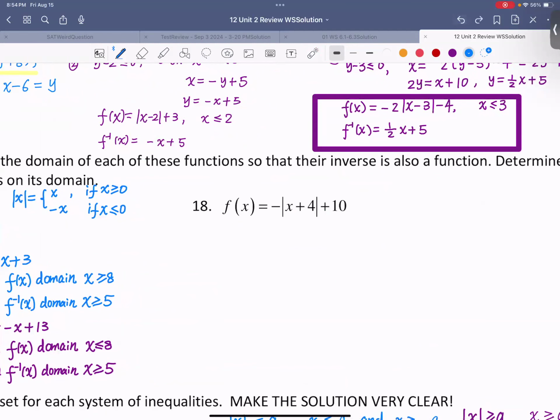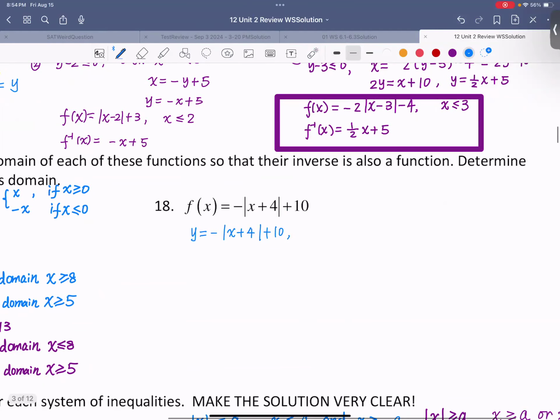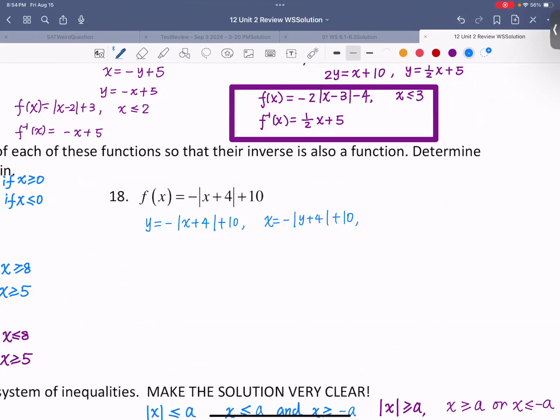So you first make y equals, right? And then y to x, x to y. Correct? And then you want to solve for y.